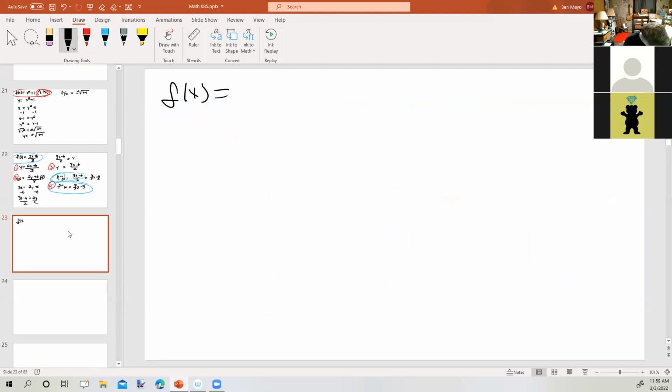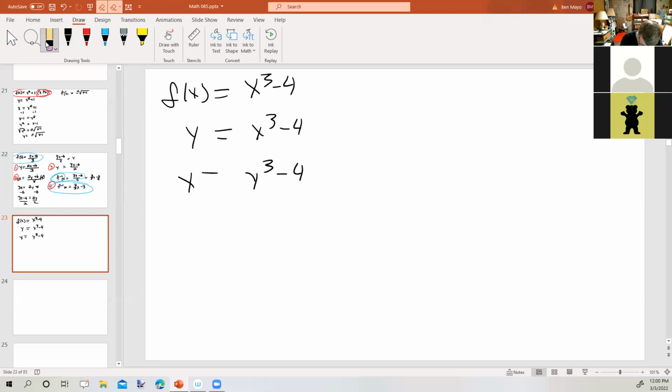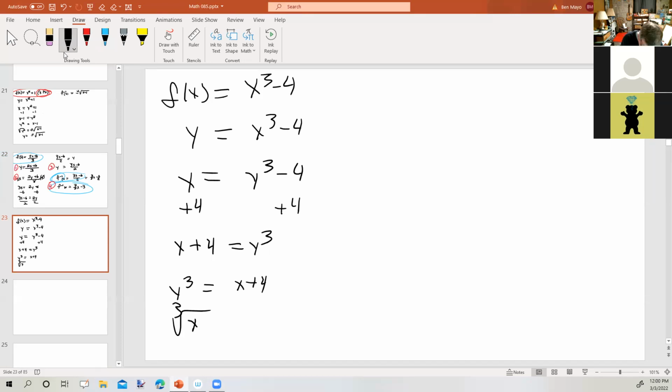F of x equals x cubed minus 4. So we're going to find the inverse of this one-to-one function. Step number 1, replace f of x with y. Step number 2, interchange x and y. Step number 3, solve for y.